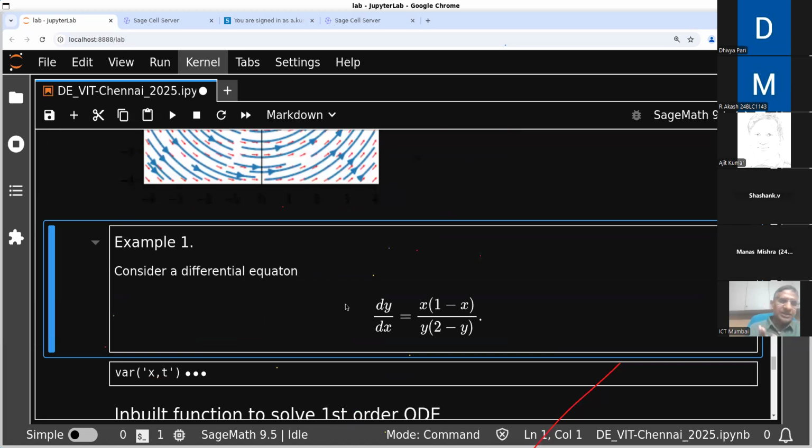Or let us now look at this differential equation. dy by dx is equal to x into 1 minus x in the numerator, divided by y into 2 minus y. Very easily you can solve this. What method will you use to solve this one?